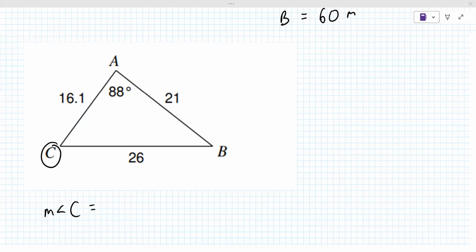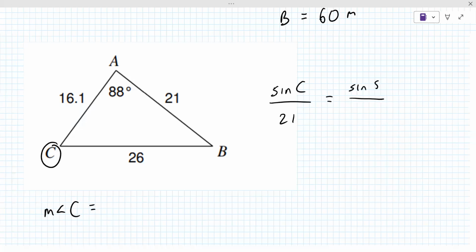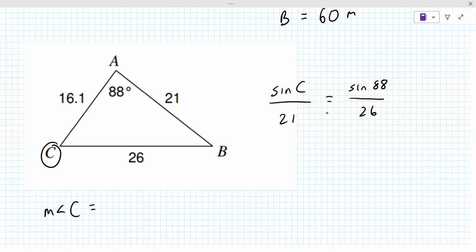Any questions on this? When you set the equation up, it would be sine C equals... arc sine 21/26 times sine 88.